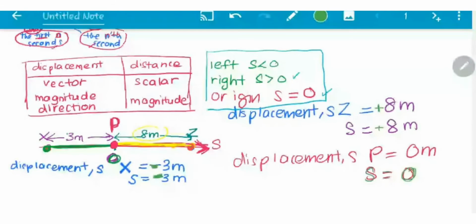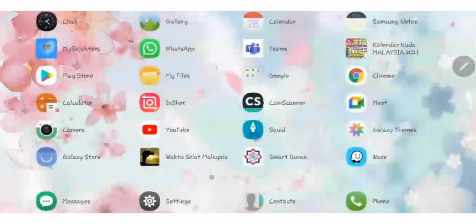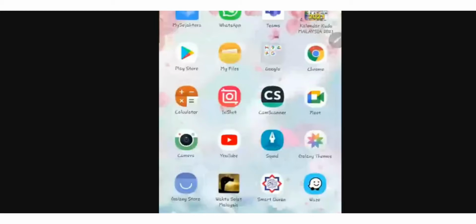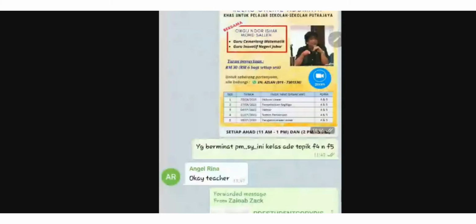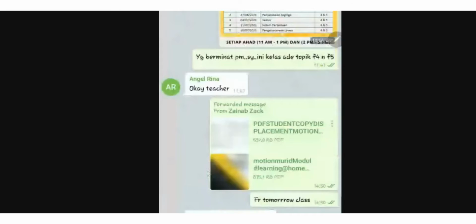Distance, alright, sekejap kita tengok nota. Okay, pergi nota ni. Kenapa tak ada button?